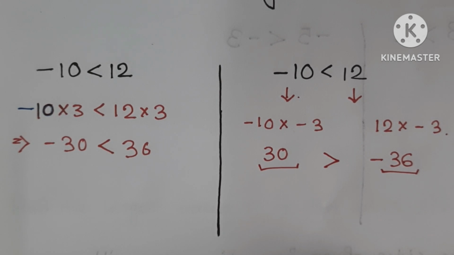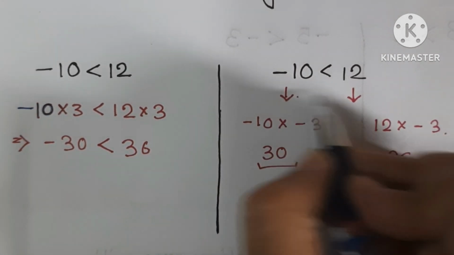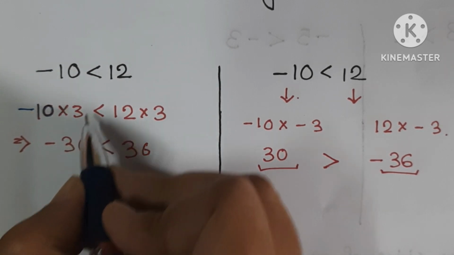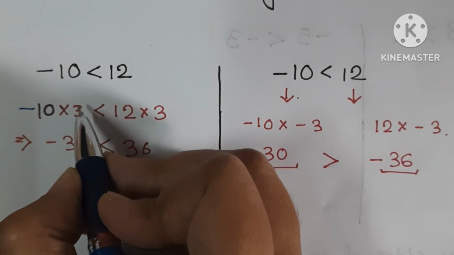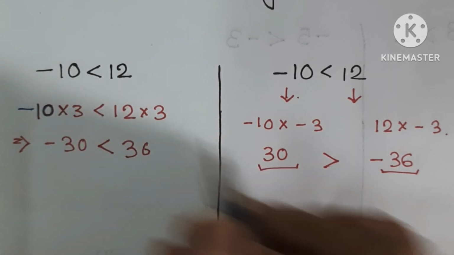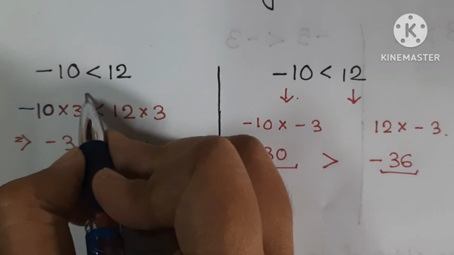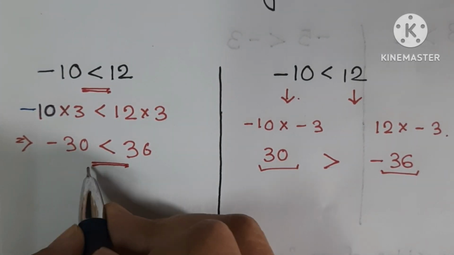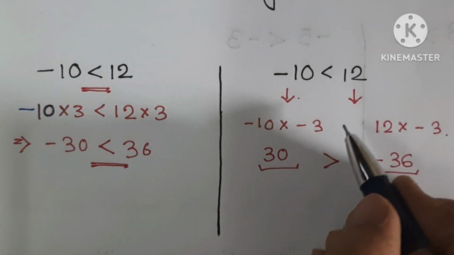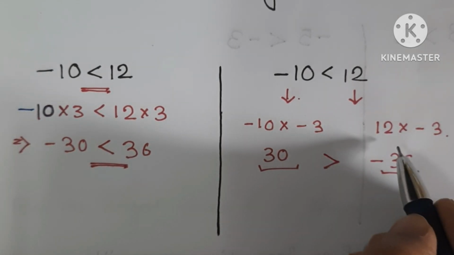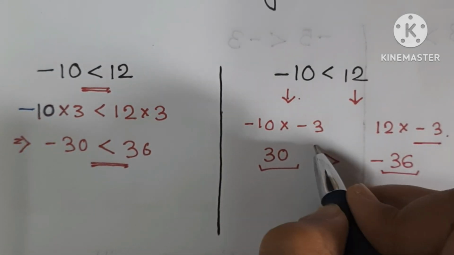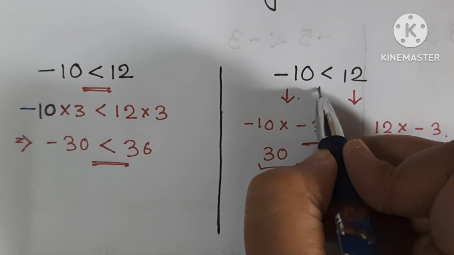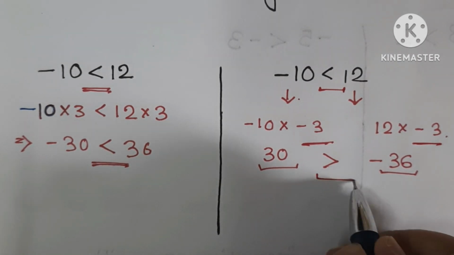So if you multiply an inequation by a positive number, the sign of inequality remains the same. Here it is less than, here also it is less than. But if you multiply both sides by the same negative number, then the sign of inequality reverses.